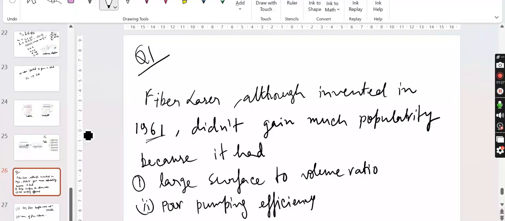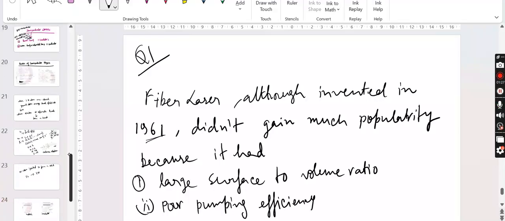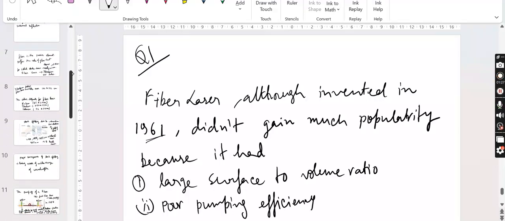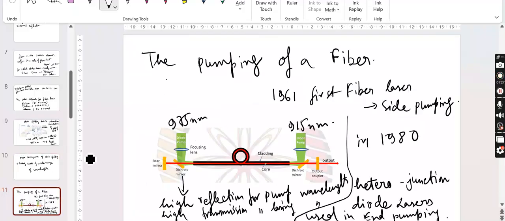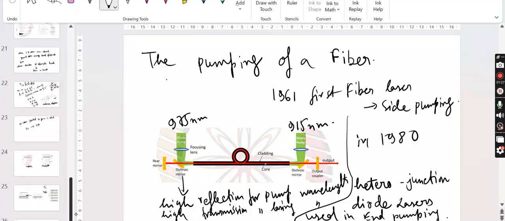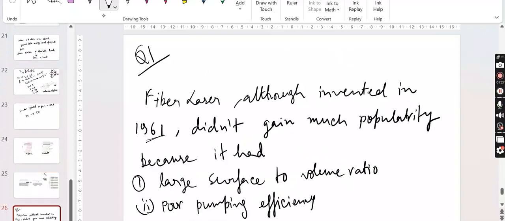One way, we needed to go for an end-to-end counting. We had to wait for the junction diodes to be invented. So I should say.